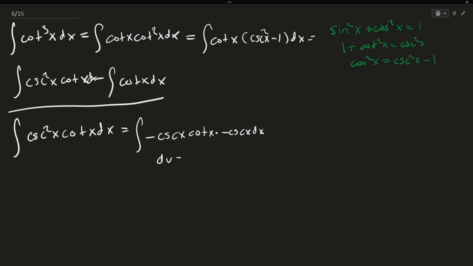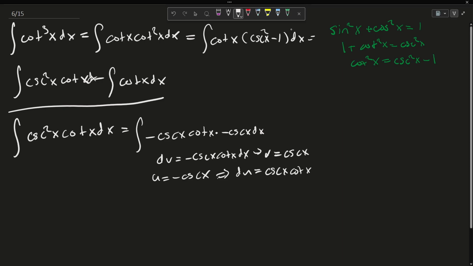So dv is going to be negative cosecant x cotangent x, so v is going to be cosecant x. Now u equals negative cosecant x. So du, since the derivative of cosecant x is negative cosecant x cotangent x, the negatives cancel and give us cosecant x cotangent x.